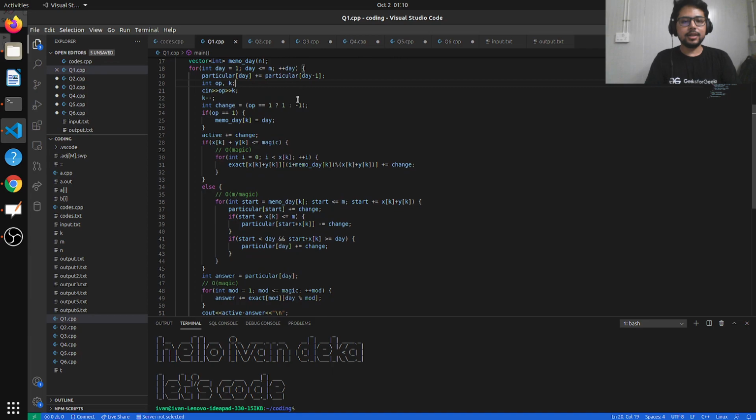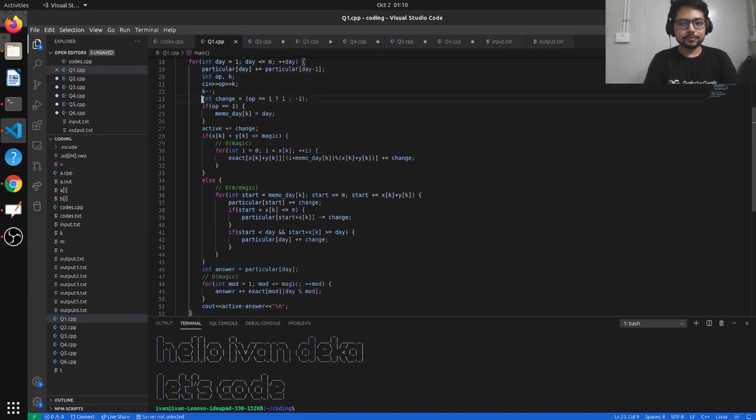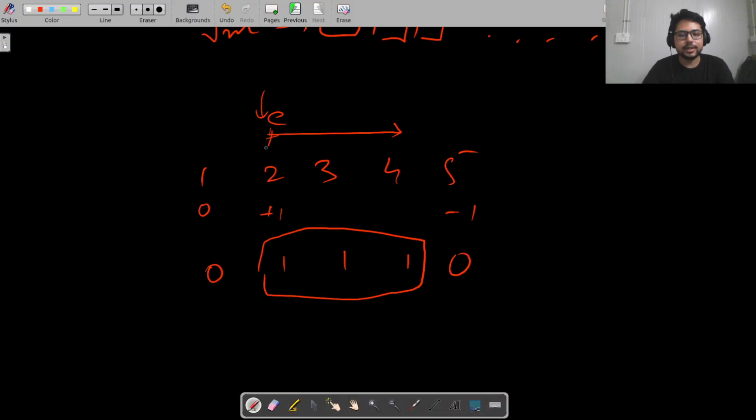Okay, then we take the input op and k. For change, there are two things, one is addition and one is subtraction. Like in the analogy, in addition we do a +1, and when we need to remove we do a -1.